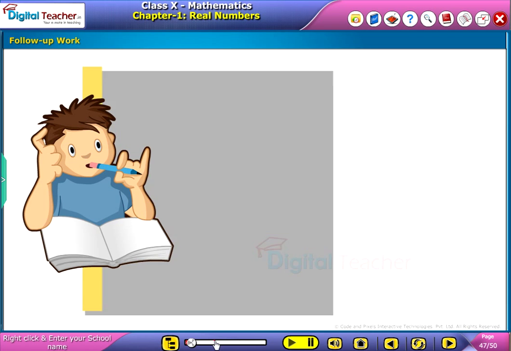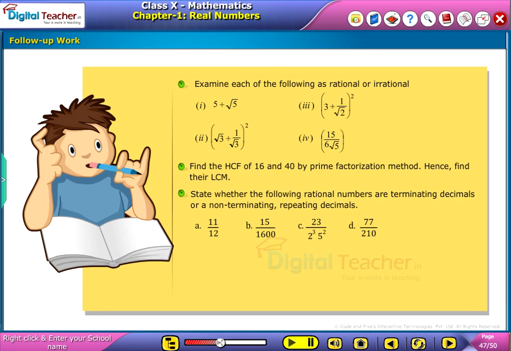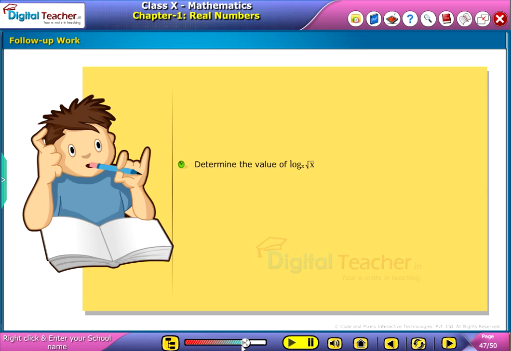Follow-up work. Rational numbers are terminating decimals or non-terminating, repeating decimals. Prove that 3 plus 2 root 5 is irrational. Expand log root x cube by y square. Determine the value of log.